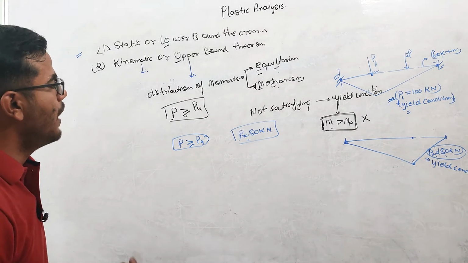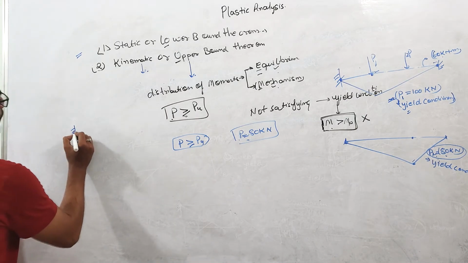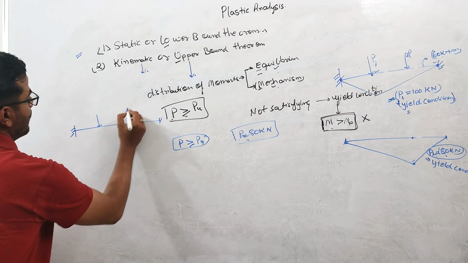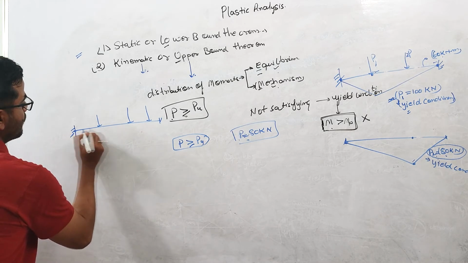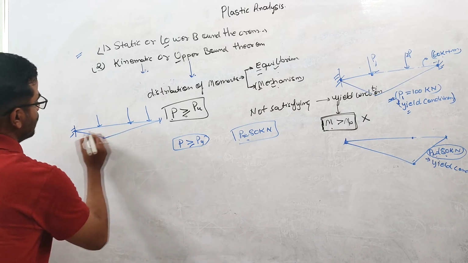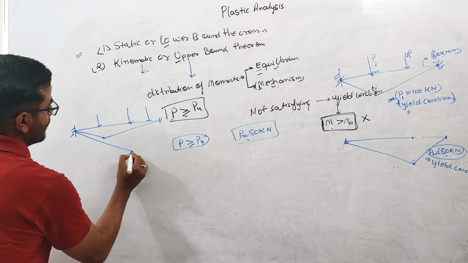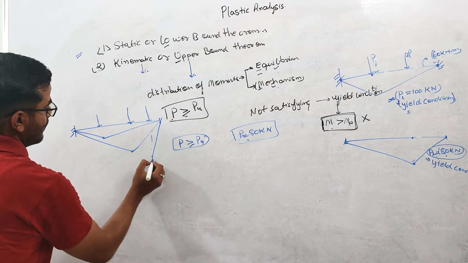So you have to choose the minimum value. Let us suppose you have this condition, 3 loads are applied. One mechanism is when the hinge is forming at this point, one is when the hinge is forming between these 2 points, and one when it is forming just at this point.